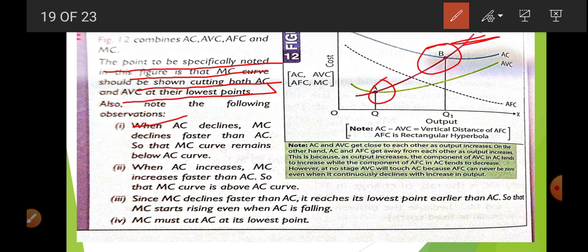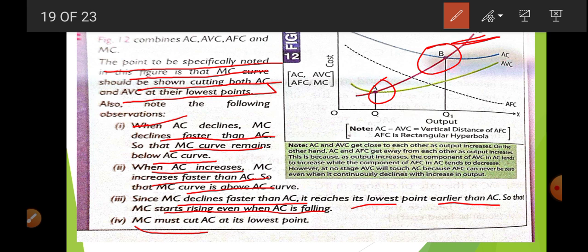When AC declines, MC declines faster than AC so that the MC curve remains below the AC curve. When AC increases, MC increases faster than AC, so the MC curve is above the AC curve. Since MC declined faster than AC, it reached its lowest point earlier than AC, so that MC starts rising even when AC is falling. MC must cut AC at its lowest point. So these are the relations between these.